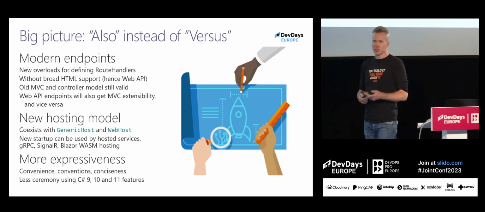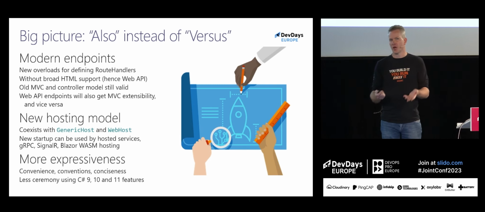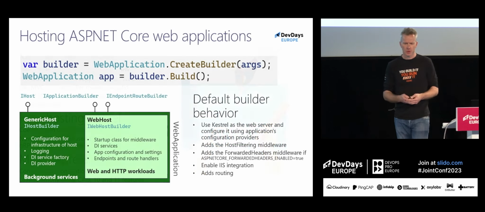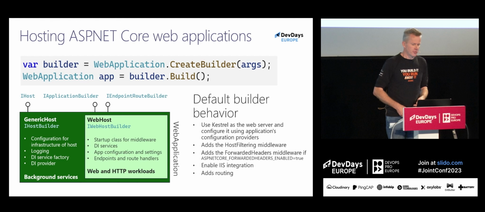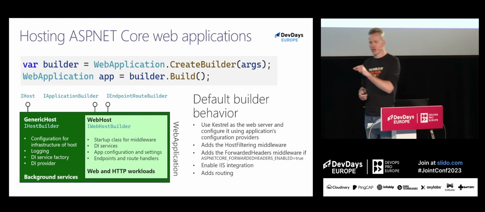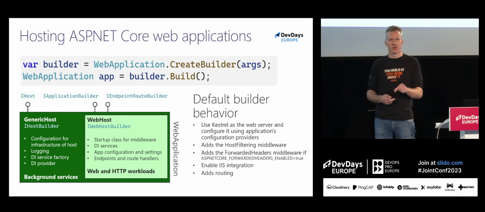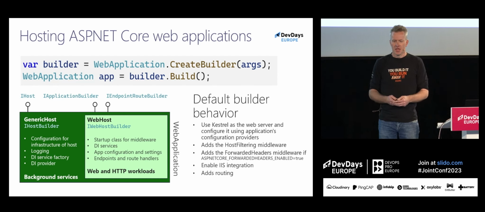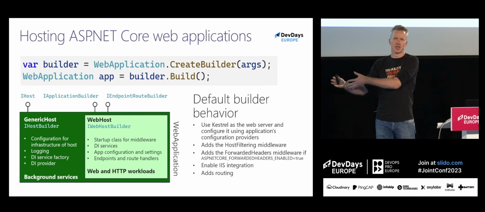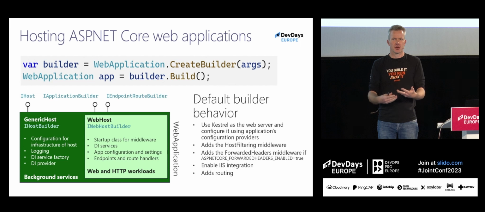And it uses a lot of things from C# 9, 10, and 11 to make it more compact. And we'll cover those as well. But first, let's have a look at this start where it says WebApplication CreateBuilder or CreateSlimBuilder. This is where it's important to understand that if you start your application, you want to host your logic. And a lot of things happen under the covers to get this up in the air.